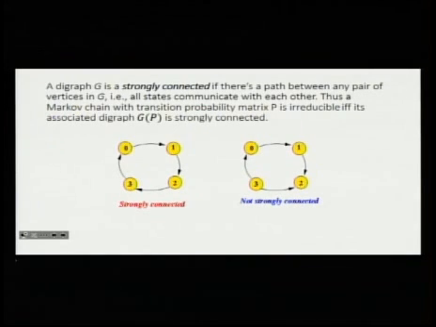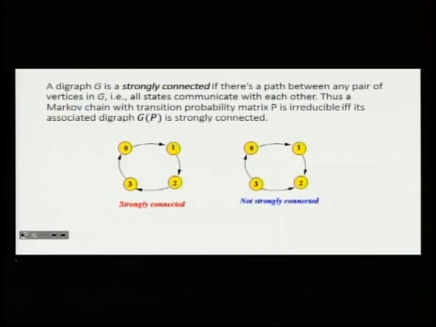So we say that a digraph is strongly connected if there's a path between any pair of vertices in the graph. That is to say, all states communicate with each other. You can reach any state from any other state. And it turns out that this is equivalent to saying that the Markov chain is irreducible.